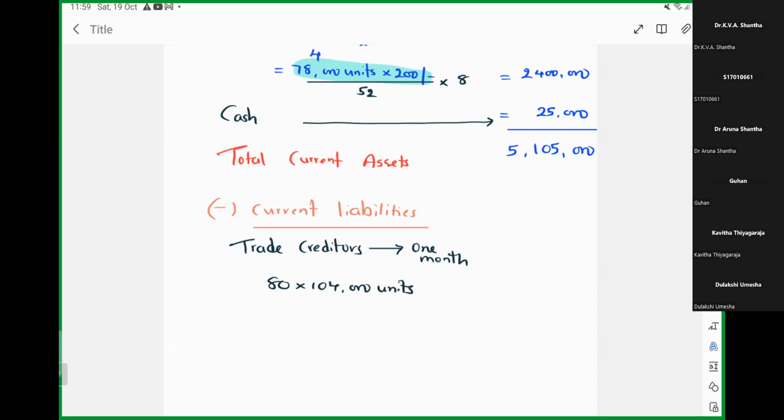So the total purchases for the year, then divided by 52 multiplied by 4.